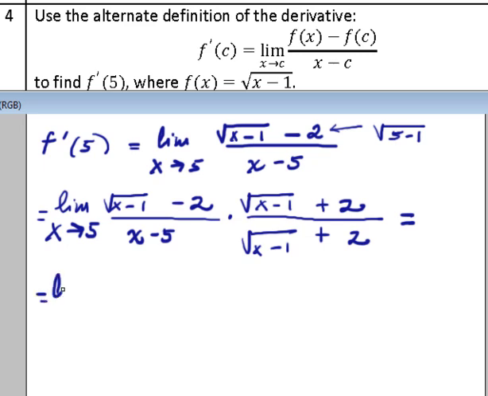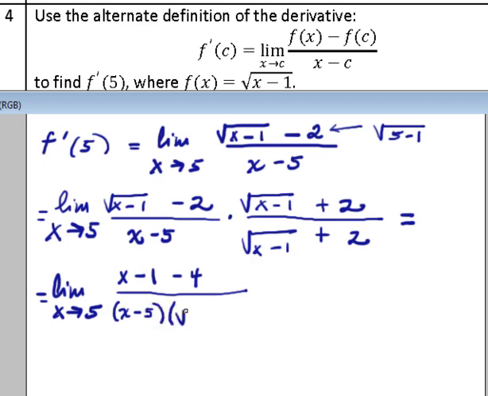Okay, so that's equal to the limit as x goes to 5. And here we have root x minus 1 times root x minus 1 is x minus 1. Middle term drops out, and here we have minus 4. And in the denominator, we have x minus 5 times square root x minus 1 plus 2.